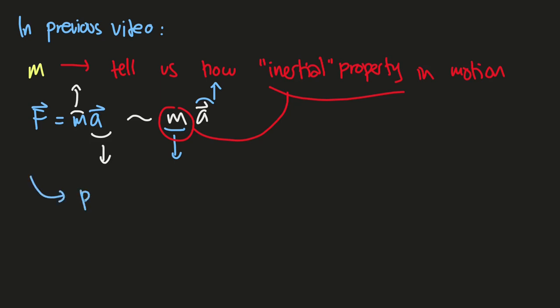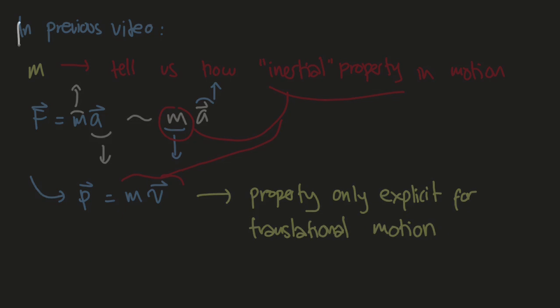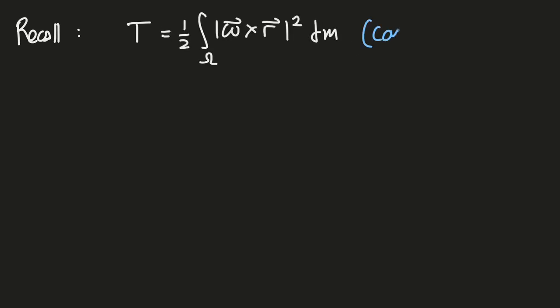This inertial property leads us to the definition of momentum too, but this property is only explicit for translational motion, which is denoted as linear momentum. Now, we recall the kinetic energy from rotational motion of a continuous rigid body, and we assume that the rotation axis is on the central mass axis.